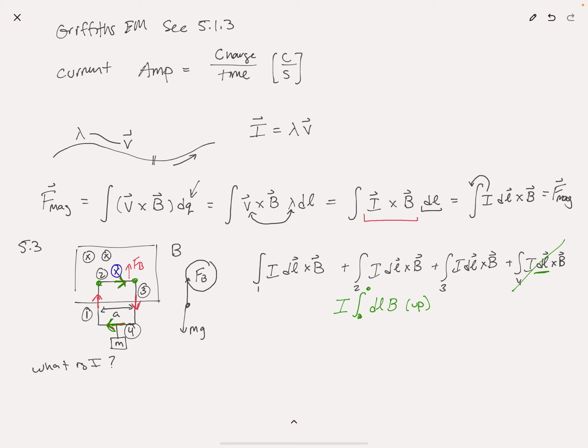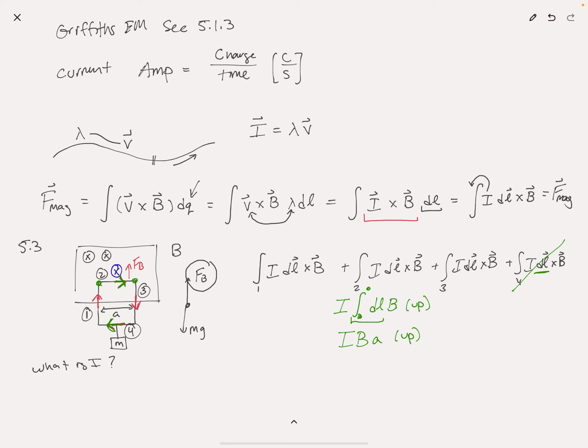This cross product is the magnitude of dl, the magnitude of B, and the sine of the angle between them, just 90, and the direction is going to be up. So this becomes I B, adding up all of the length of that bit of the wire. We know that is a distance A. And this is still pointed up.